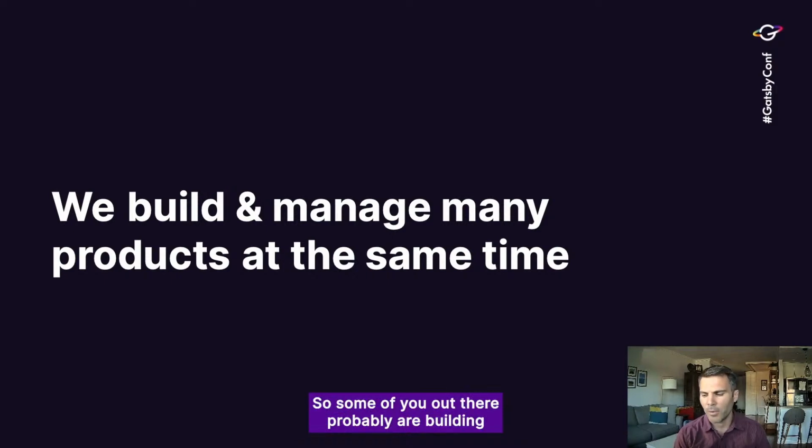So some of you out there probably are building your own internal product or products, and we basically operate the same way. The only difference is we're building and managing multiple at the same time. So same process, just basically how many products we're serving at the same time.